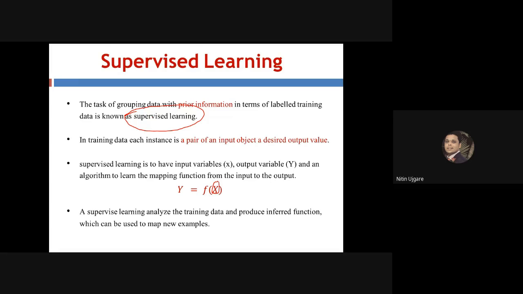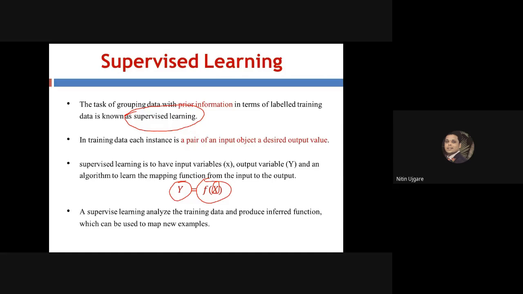Here X is represented as the input variable and Y as the output variable, whereas f of X is an algorithm to learn the mapping function from the input to output. Okay, so f of X is generally referred to as the mapping function of your algorithm, which maps the input variable to its corresponding output value.